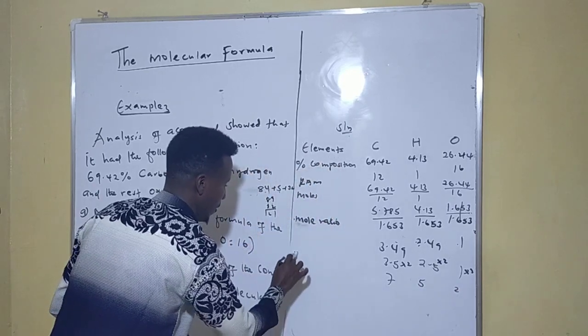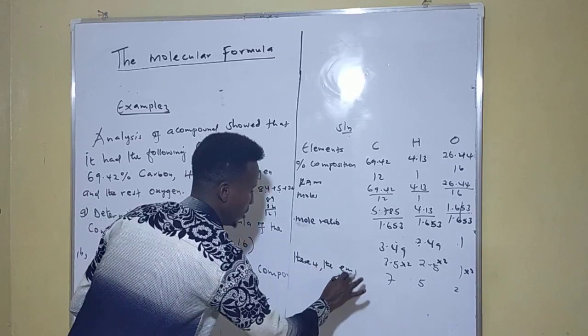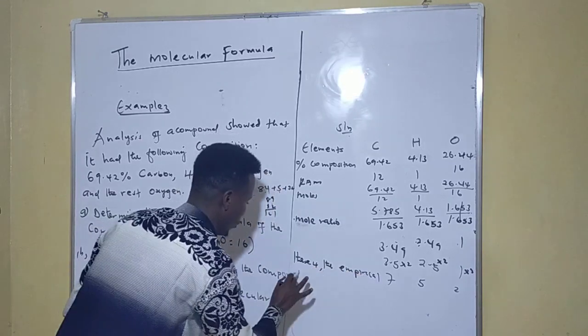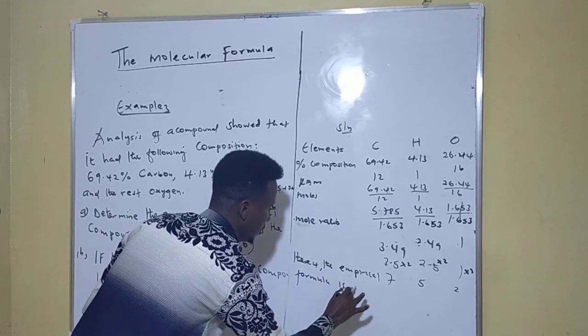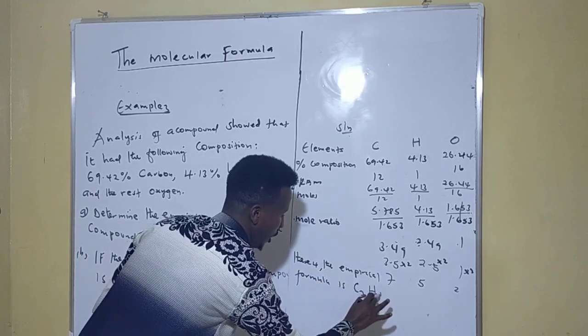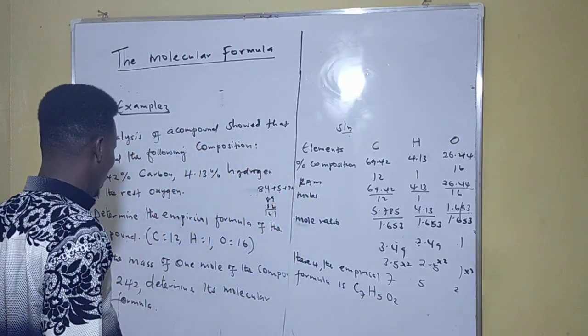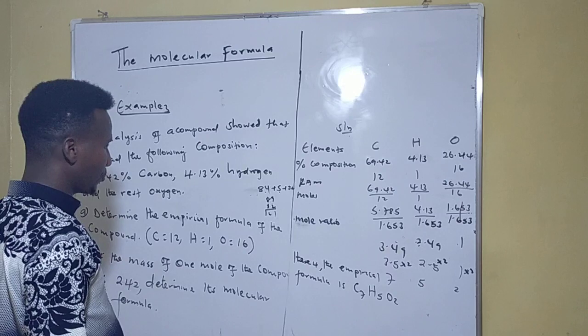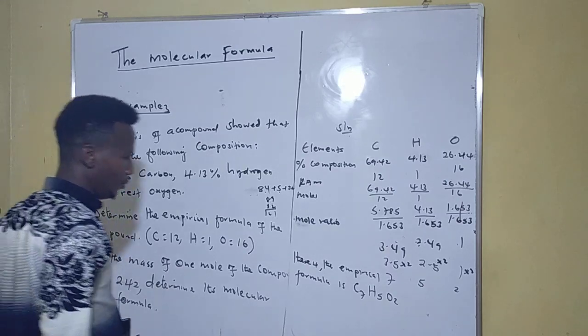So we're going to say therefore the empirical formula is C7H5O2. Okay?